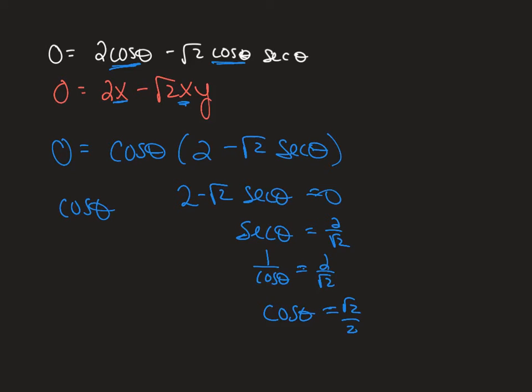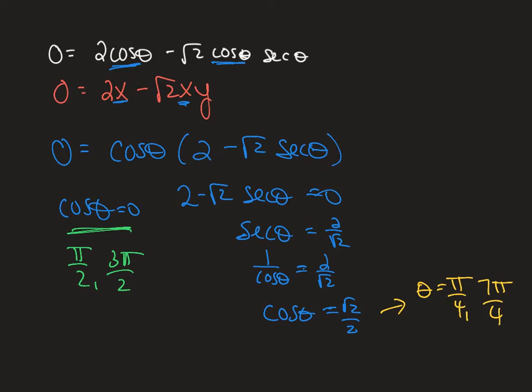So from cosine of theta equals 0 over here, sorry, I forgot to write that, we get pi over 2 and 3 pi over 2 right here, because that is where cosine of theta equals 0. But then over here, from this one, we'll put it in yellow, we're going to get our theta equals pi over 4 and 7 pi over 4.